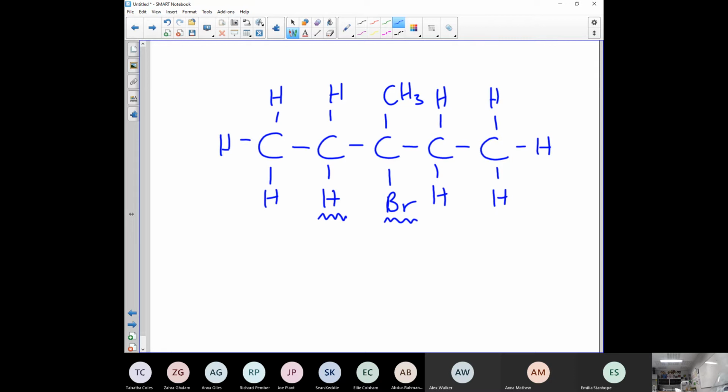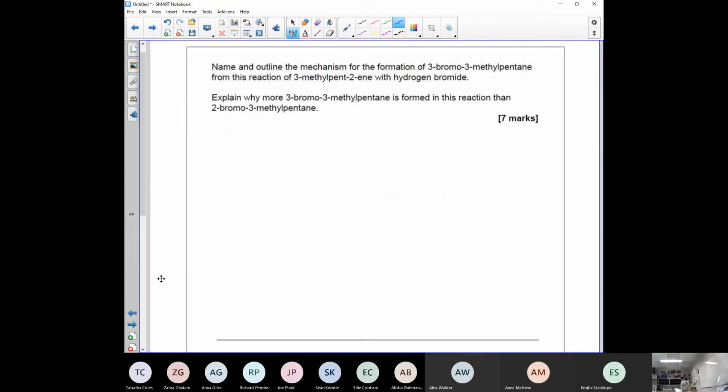That is important when you're drawing out your mechanism, because you need to make sure that the intermediate is going to match what you're going to end up with, okay? So when you do your intermediate, you have to make sure that your bromine can go onto the 3rd carbon. So let's go through that mechanism. Name and outline the mechanism for the formation of 3-bromo-3-methylpentane. Right, so alkene to halogenoalkane, looking at electrophilic addition.